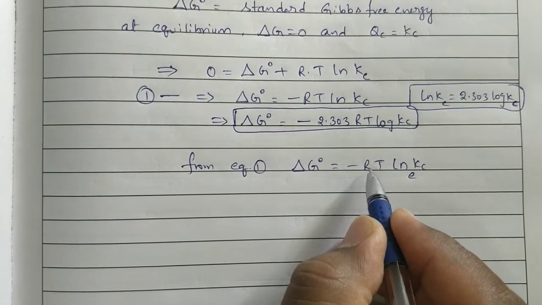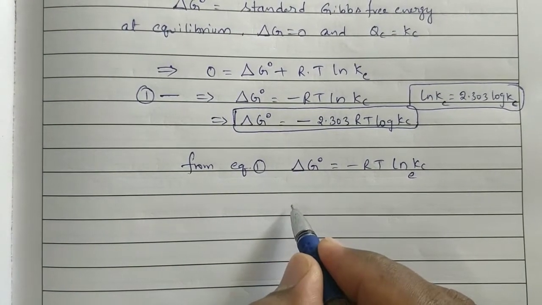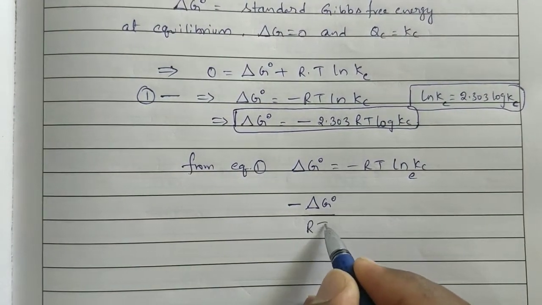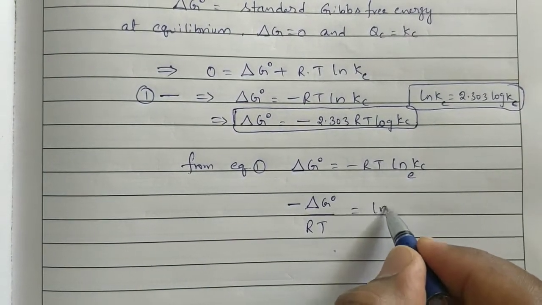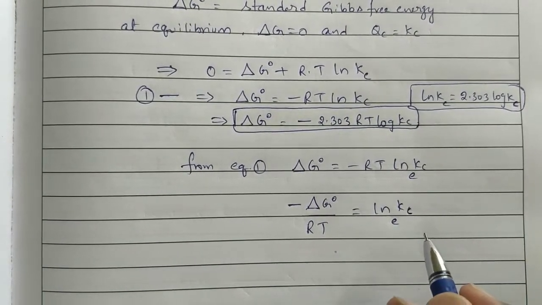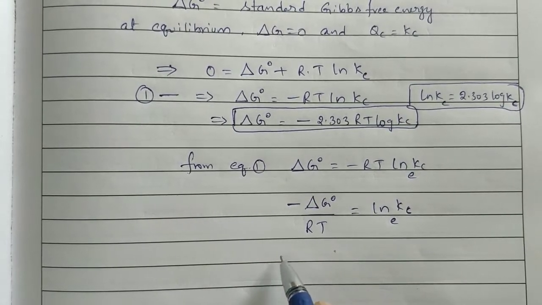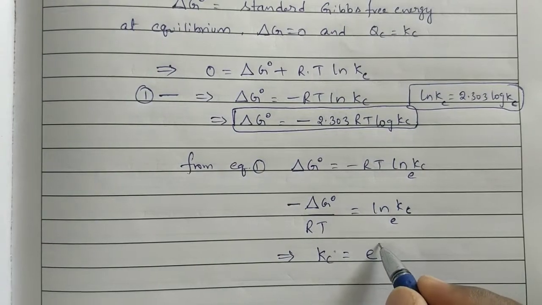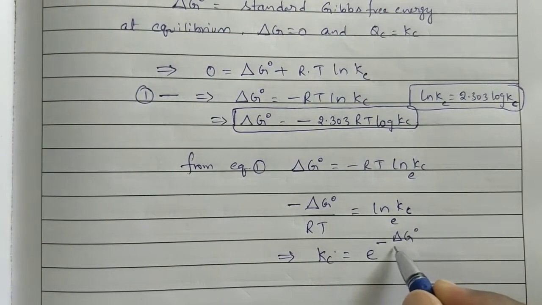Let us send this RT to this side with a minus sign. It will become minus delta G naught by RT is equal to ln of Kc base e. This implies Kc is equal to e power minus delta G naught by RT.